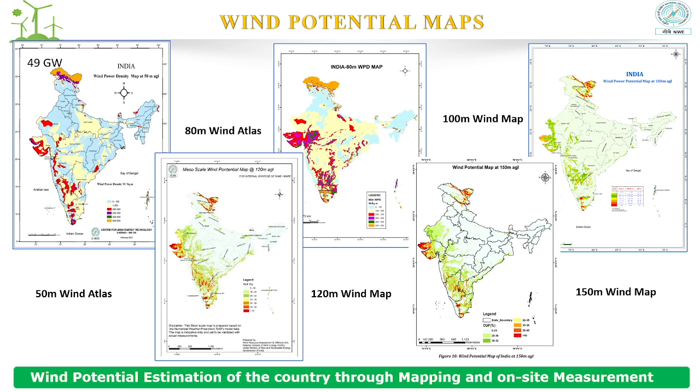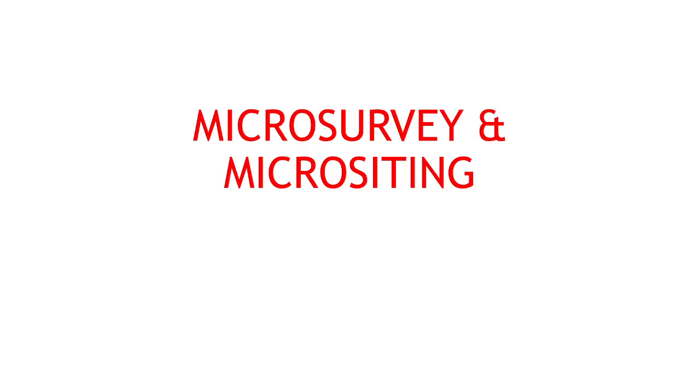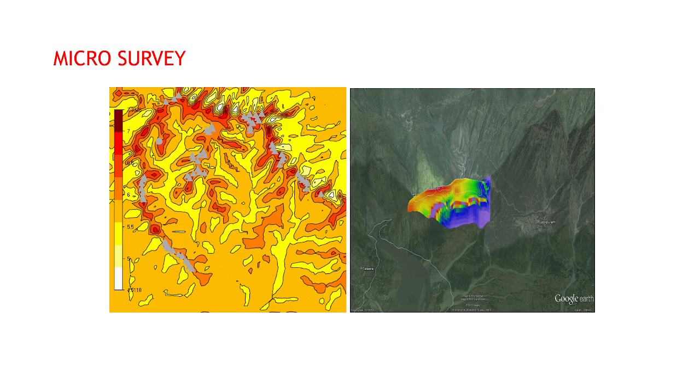By putting up a Metmast, they would have already measured data and be ready with it for some investor to come in. This is the potential estimate from the map. Then what is micro survey and micro siting? Micro survey is going in depth into every 100-meter level. Suppose you take this region, then you zoom into a particular area and find out the topographic level, where the hills and valleys are, how the slope of the terrain is, what the wind potential is in various areas.